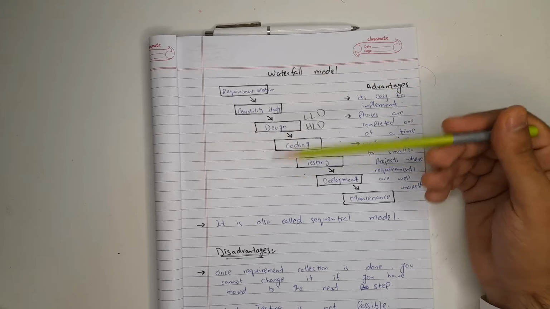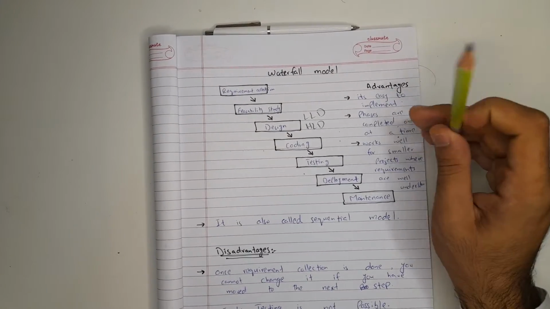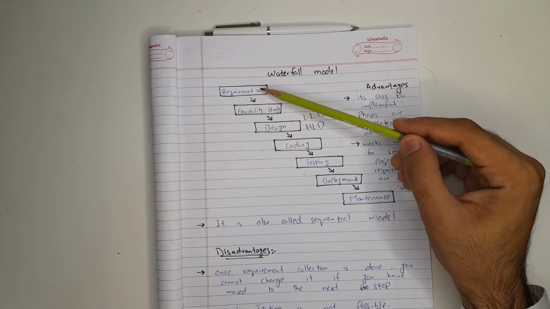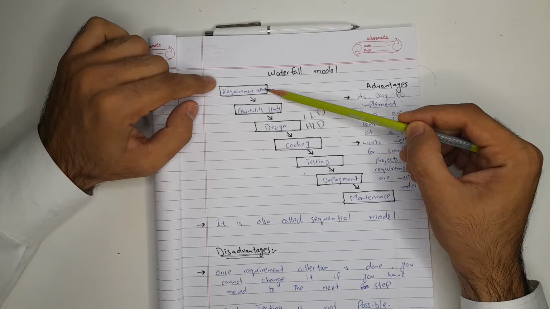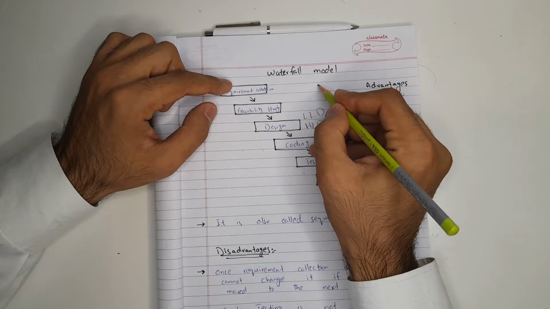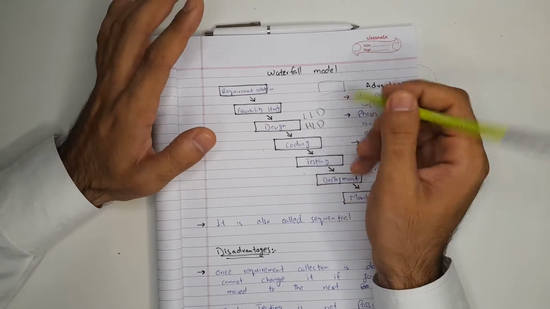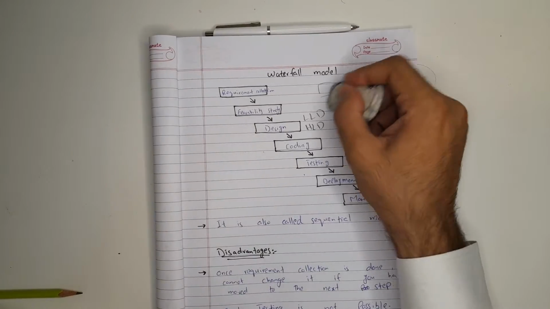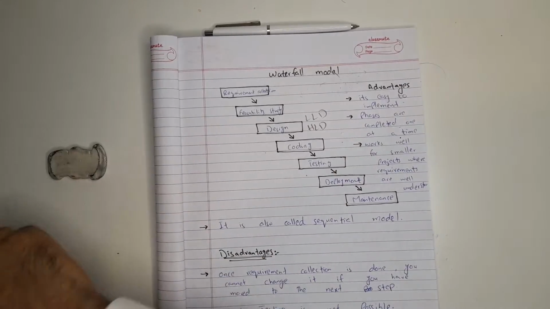After the completion of one step, you move on to the next. So there are no cross functions or cross procedures going on. After the completion of one process, only then do you move to the second one. There is no second process running simultaneously. That's why it's known as easy, and it's the most basic model.